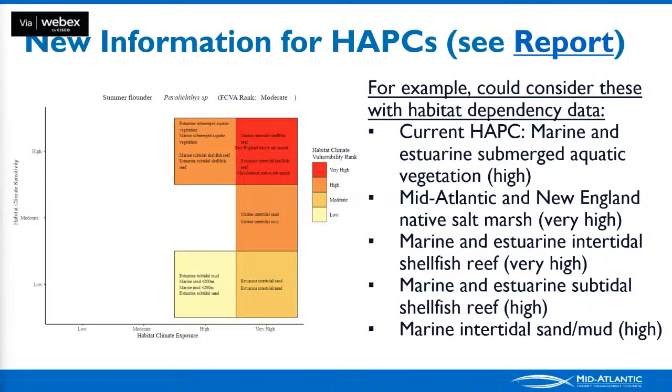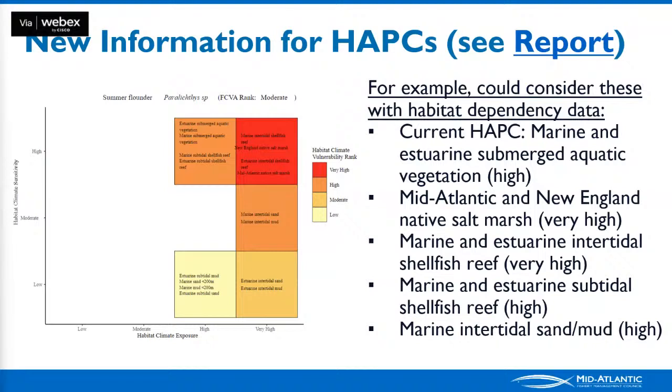So one thing we could consider for habitat areas of particular concern, because climate vulnerability is obviously an important piece, is maybe looking at some of these other habitat types that flag as very high or highly vulnerable for these species. Your current HAPC does already flag marine and estuarine submerged aquatic vegetation, but native salt marsh, intertidal shellfish reef, subtidal shellfish reef, and intertidal sand and mud all ranked as very high.